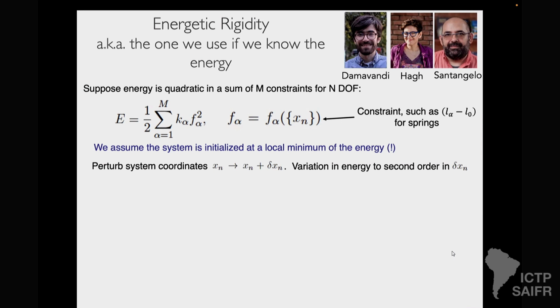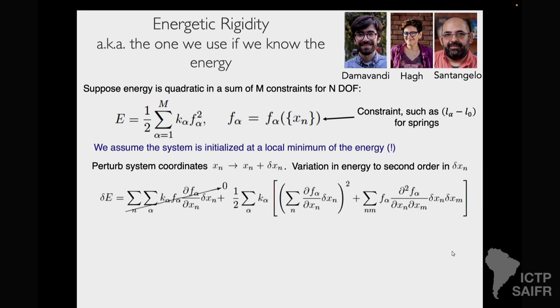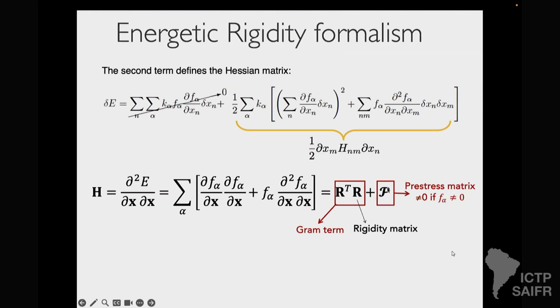You perturb the coordinates of the system, and we're going to keep variation in energy to second order. When you do that, you get a gradient term, and that goes to 0 because you're at this minimum to start. Then we have these other terms, and these are related to the Hessian. Actually, they are the Hessian, basically.